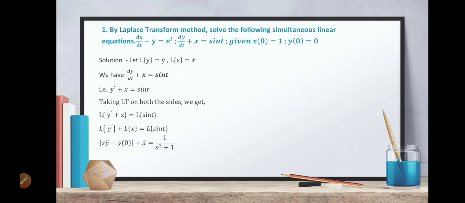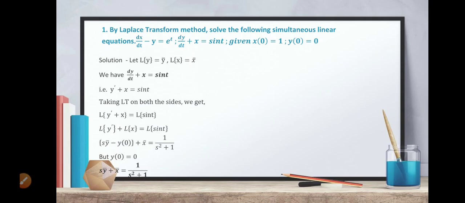Now using the condition y of 0 equal to 0, we get s y bar plus x bar equal to 1 upon s square plus 1. Now see here, LHS is containing two unknowns x bar and y bar, and RHS is function of s.